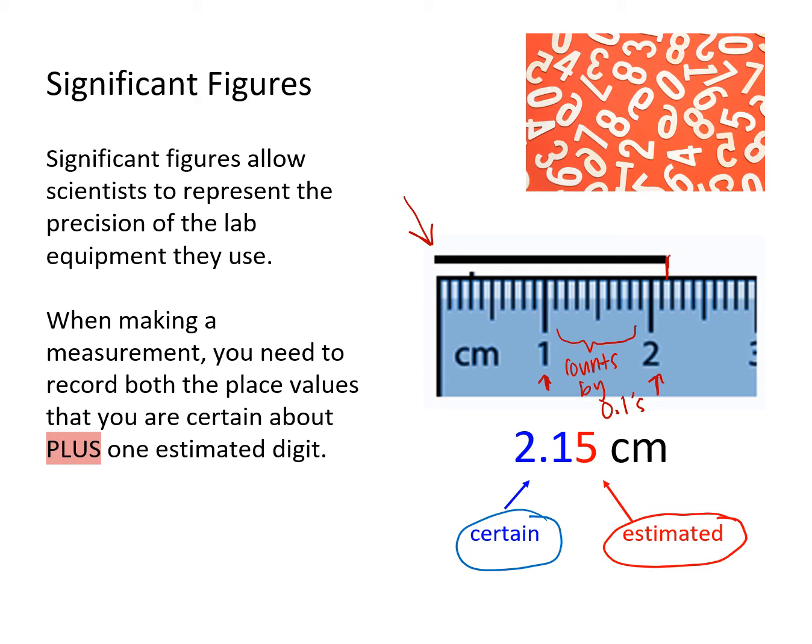So for this measurement, I estimated that that is 0.05, so it would be 2.15 overall. The cool thing about an estimated digit is that they cannot be right or wrong. So if you were to take a measurement here and you estimated that it was 2.13 or 2.14, both of those would also be correct because the estimated digit cannot be wrong.